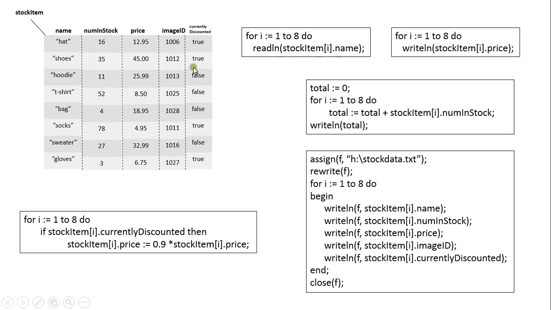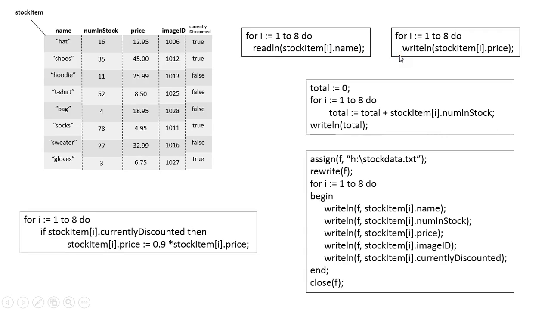So I'll be able to type in hat, and then it'll go around for 2, read in stock item 2 dot name. So if I'd wanted to read in, say, the price, I would put read line stock item I dot price. So this part of the syntax is the name of the field.